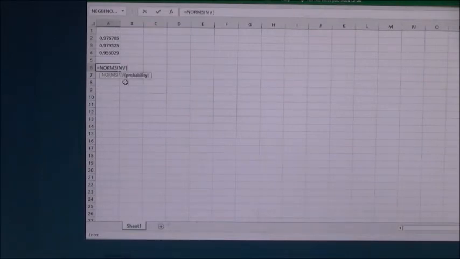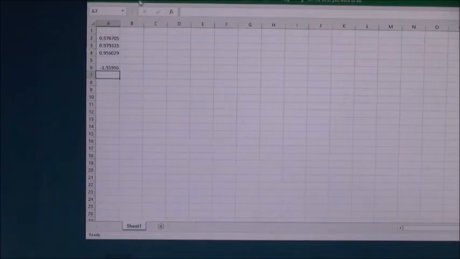And so if I want to have an area of 0.025, close my parenthesis and hit enter. My corresponding z-score to that would be negative 1.96, because I normally am going to round those off to 2 decimal places.